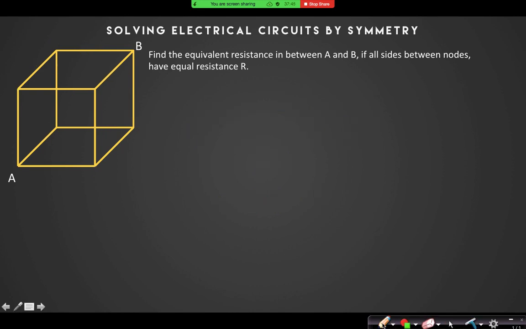Achha, in the same question, if I say that this point is not B, this point is B, what should be the answer of this question? What will be the equivalent resistance between these 2 points A and B?